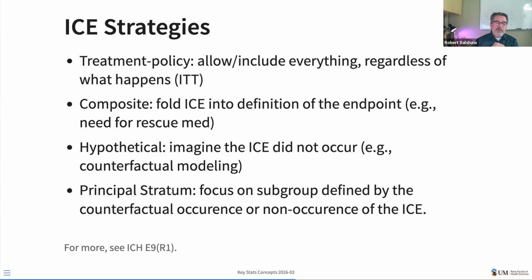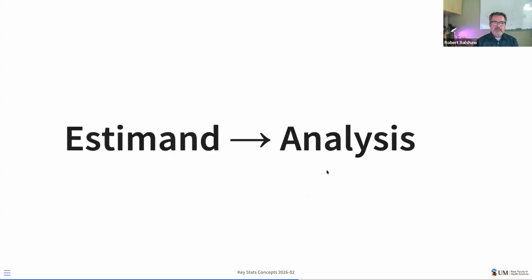If others here are more comfortable describing the principal stratum approach in handling intercurrent events, please do. If the distinction amongst these four strategies is of interest to you, chat with a statistician, particularly one who's more familiar with the principal stratum approach. But the ICH E9(R1) document lays these out in great detail.